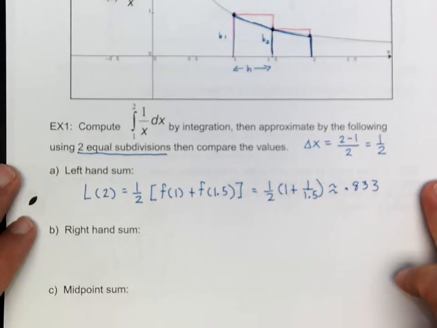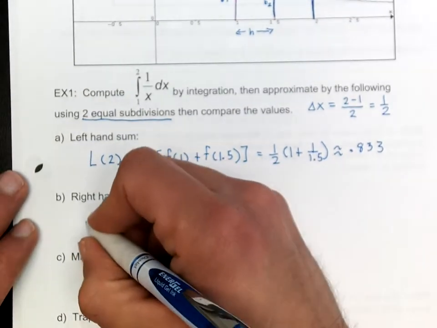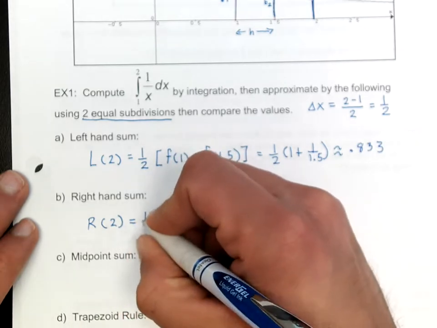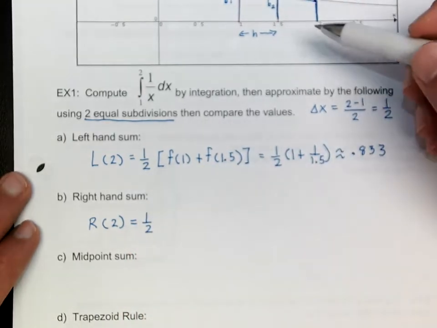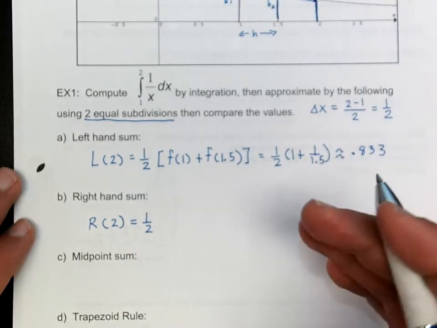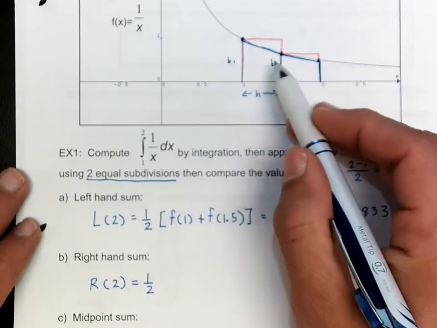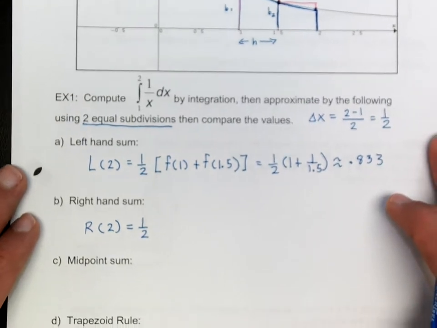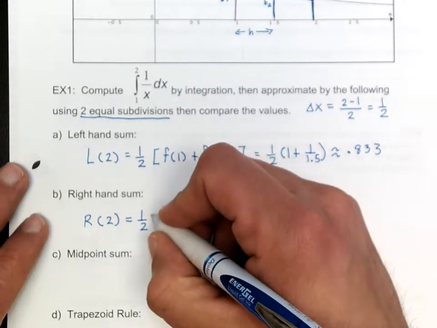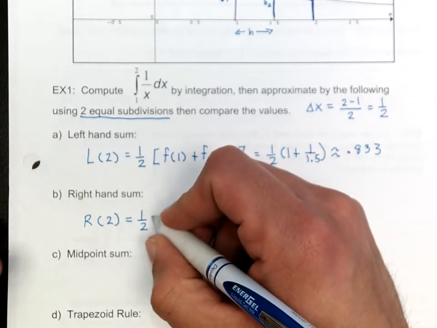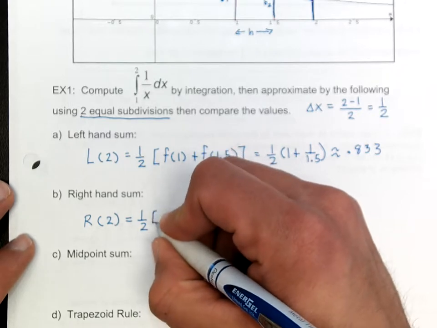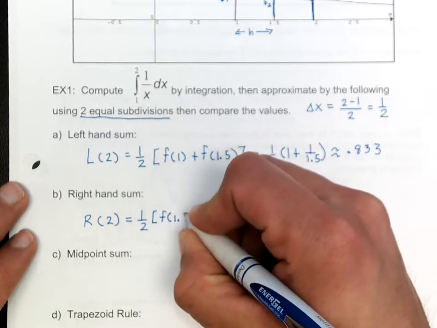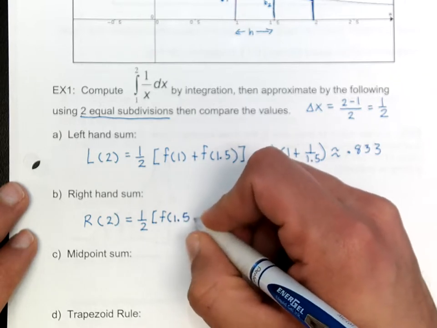All right, the right-hand sum would be the same thing, but for the rectangles you're using the right endpoint. So you'll be going basically from here back. Because it's a decreasing function, the right-hand sum is going to be an underestimation, so the number we get here should be less than the left-hand sum.